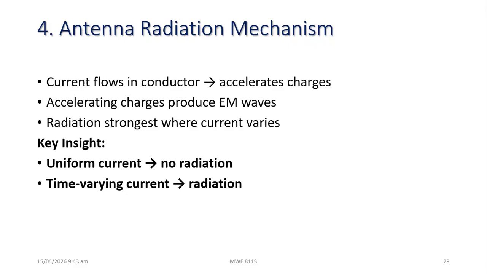So radiation will be strongest where current varies. You need this current to be oscillating, positive and negative. If it is DC, then the radiation will be very, very low. That's the key insight: where you have uniform current, meaning current like a DC, radiation will actually be zero.